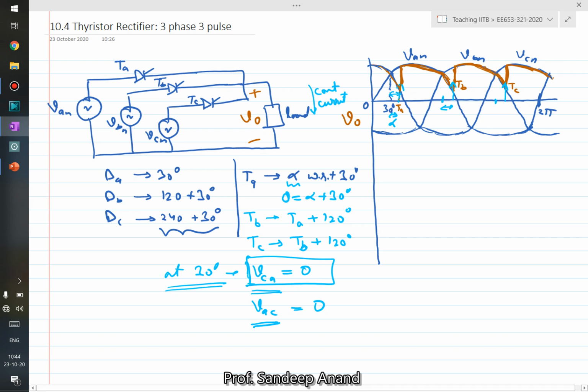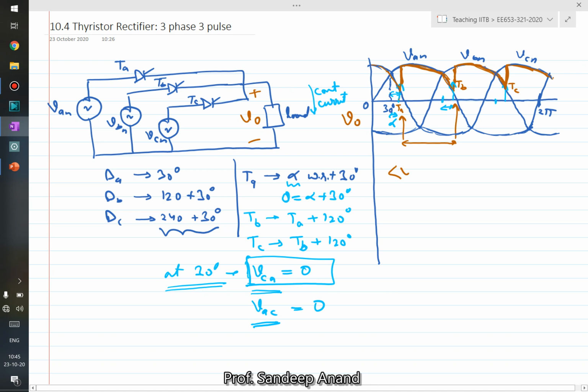We can start integrating from this point TA and go up till this point, and that would give us the answer for the average value of output voltage.